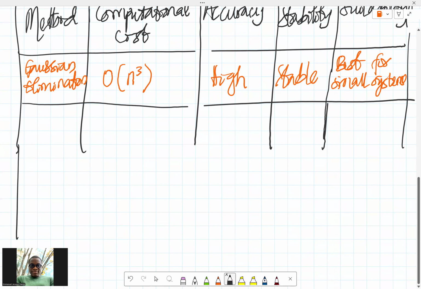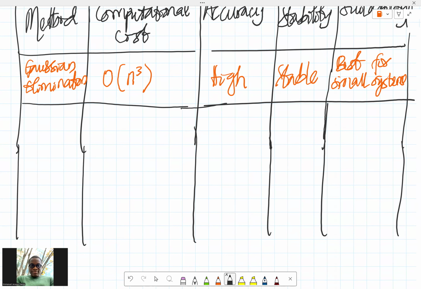So let's talk about the next one, which is LU decomposition.